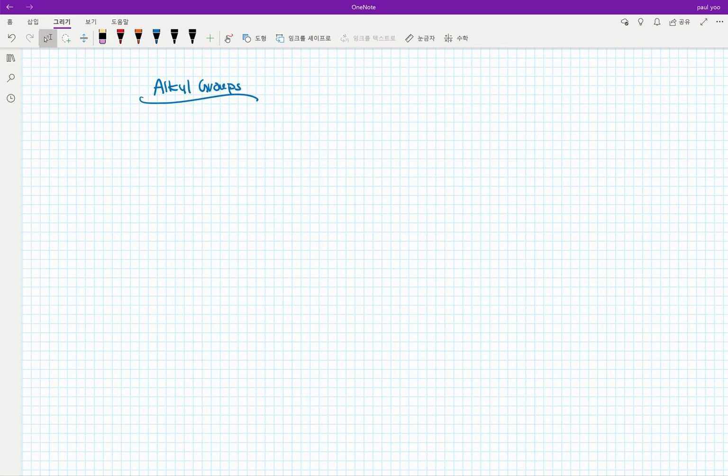So it has a very similar characteristic to alkanes, but it just misses one of the hydrogens. A methyl group looks like this. It's an alkyl group derived from methane.